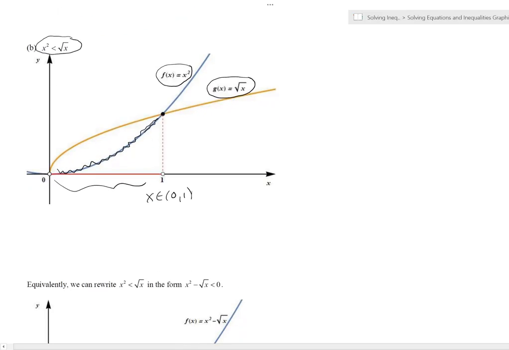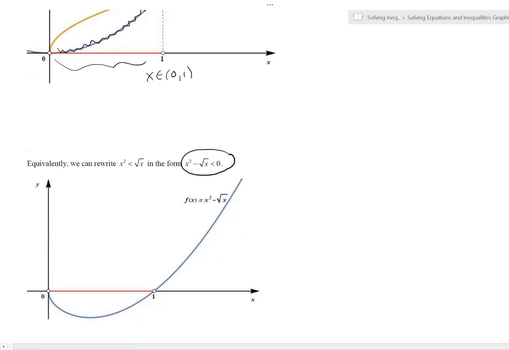Equivalently, if we chose to bring everything to one side, like we did previously, x squared minus root x all on the left side, by subtracting root x on both sides of the inequality, the solution set to the original inequality, x squared less than root x, is going to be the same solution set to figuring out where this function x squared minus root x is less than 0, or negative.